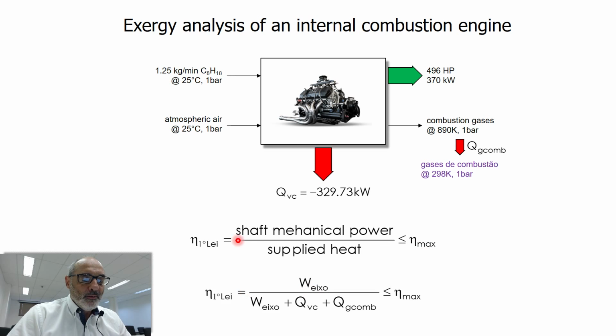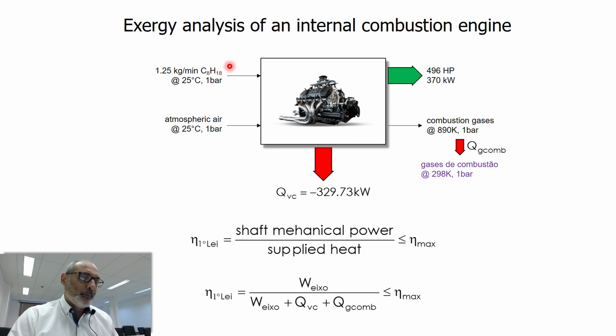Mechanical shaft power is actually this number here. Sorry, I forgot to translate everything that was in Portuguese. So sorry for half Portuguese, half English in this slide. The amount of supplied heat I can calculate from two different paths.